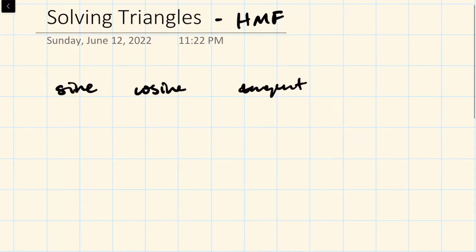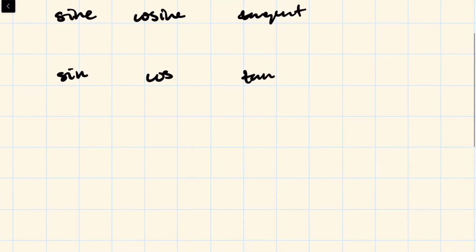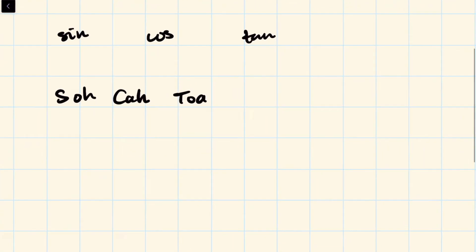So sine, cos, tan. Right? So you probably heard the acronym SOHCAHTOA. Kind of sounds like suck a toe, but it's SOHCAHTOA. Right? So your S is for sine, your C is for cosine, and your T is for tangent.